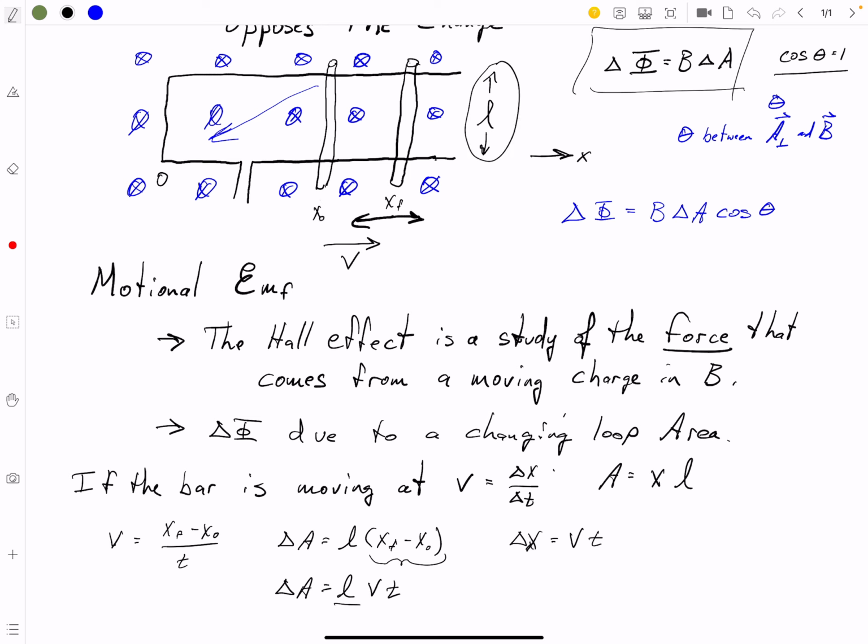You can call it a width, but it's the length that the bar has to reach from one wire to the other, times the velocity times time. You can see delta x is equal to vt right there.